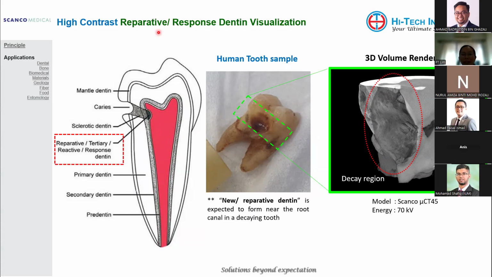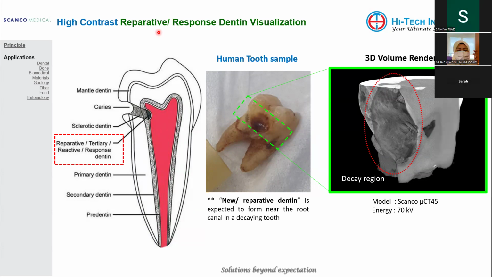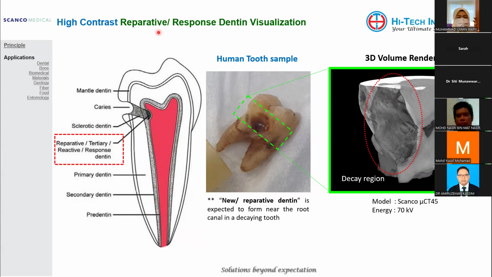Mainly they're using histology and doing H&E, looking at the growth of the new cells to justify whether it's a new dentin. So this is quite a new method for us to explore whether there is a reparative or a new dentin growing out of this decayed tooth.